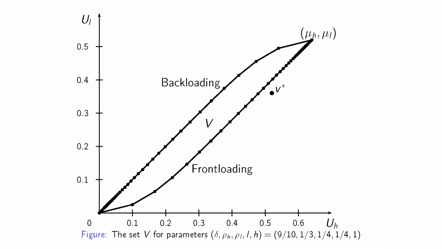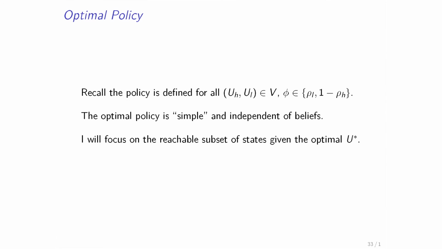The last problem is solving for the optimal policy. And we get a lucky shock again, because the optimal policy turns out to be very simple. When we come up with this problem, we have to solve for the optimal policy for every possible state variable. So that means we have to solve for the optimal policy for every promised pair in this feasible set, and for 3 possible beliefs of the principal, depending on whether this is the first period or whether the agent's previous report is high or low.